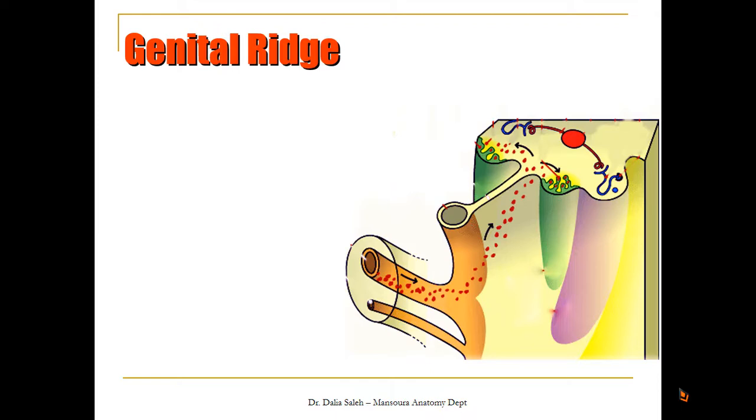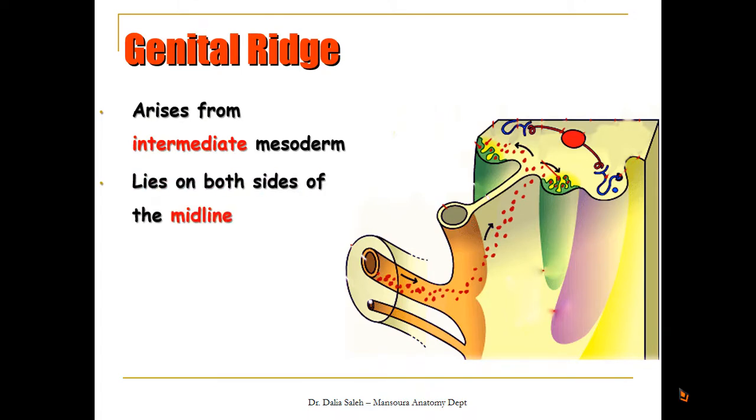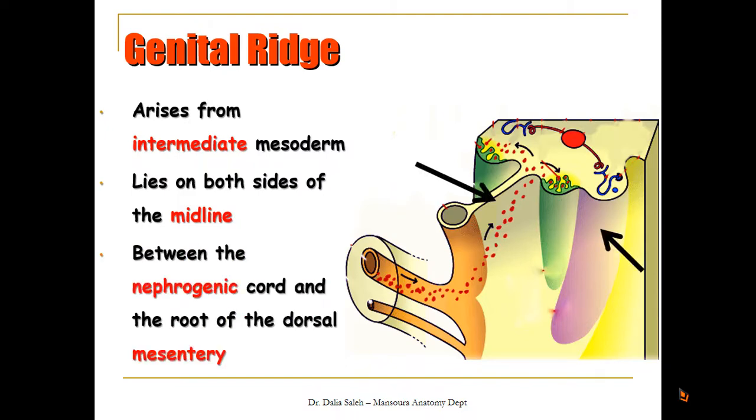First, we have something called the genital ridge. Where is the genital ridge? It arises from the intermediate mesoderm, lies on both sides of the midline, between the nephrogenic cord and the root of the dorsal mesentery.